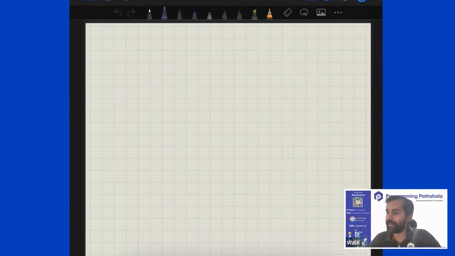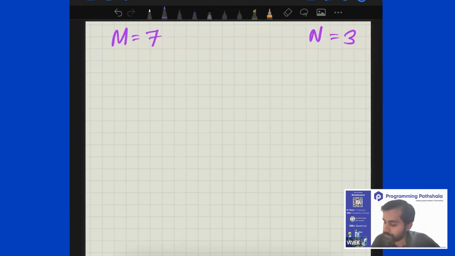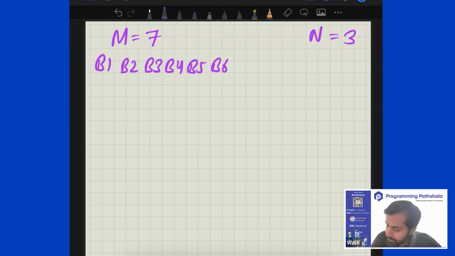Okay, no worries, I'll re-explain. So see, there are some boys. Let's say M boys and N girls. Let's say the number of boys right now is 7 and the number of girls is 3. Now just keep looking at the screen. Let's say the boys are B1, B2, B3, B4, B5, B6, B7.